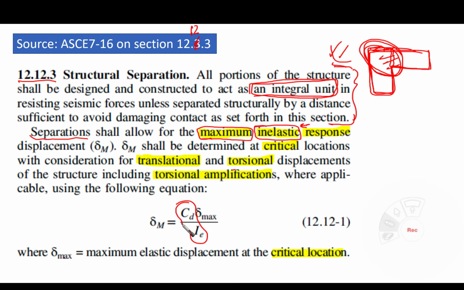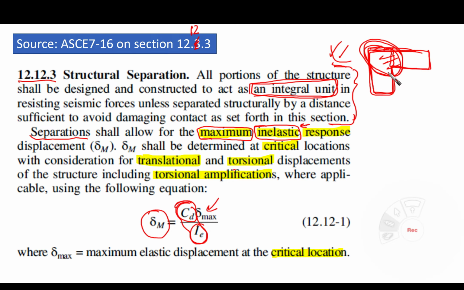The deflection amplification factor over the importance factor times the elastic response or elastic displacement. Okay, and this delta maximum, the inelastic maximum, should be determined at the critical locations.